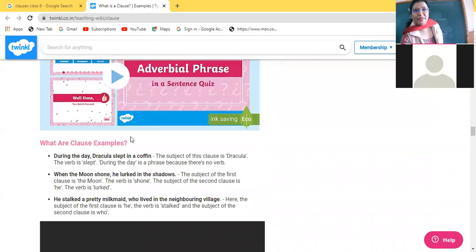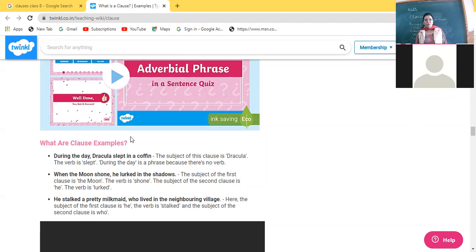Can we see some examples here? During the day, Dracula slept in a coffin. Dracula is the subject. The verb is slept. And during the day.